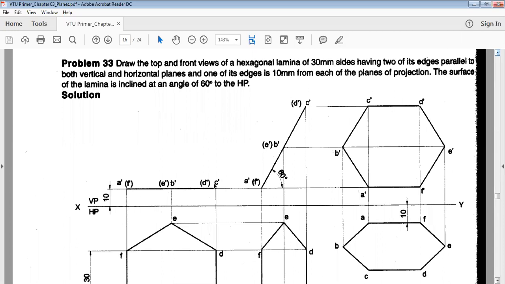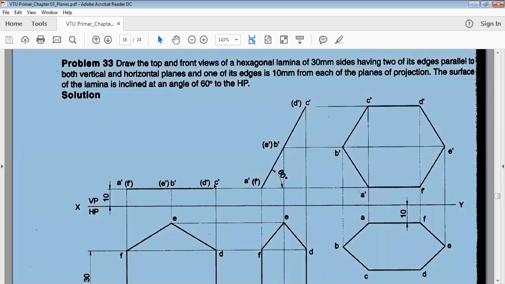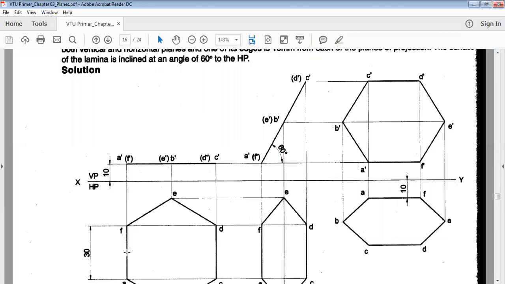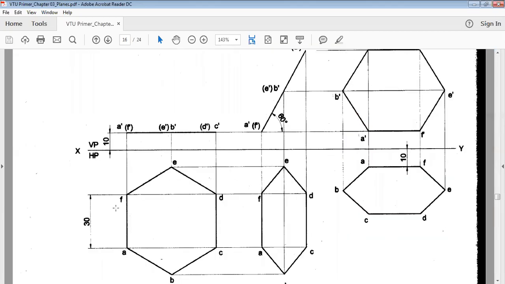With respect to the vertical plane, the data seems missing. But the data is not missing. They have given that two sides of the hexagonal lamina are parallel to both VP and HP. So with a 30 mm line, we can place the hexagon, and in the front view we will get the surface of the lamina looking like a line. With respect to HP, we'll do that.